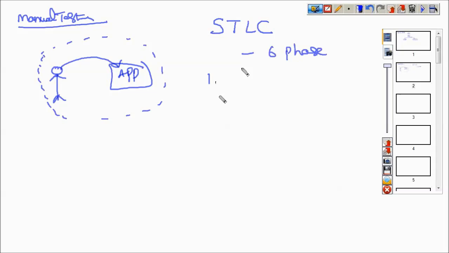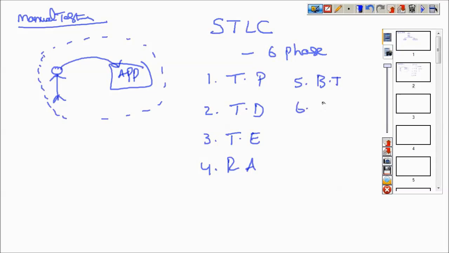First, test planning. Second, test design. Then test execution, result analysis, bug tracking, and reporting. In each and every phase, manually we can interact and test one application. That we are calling manual testing.